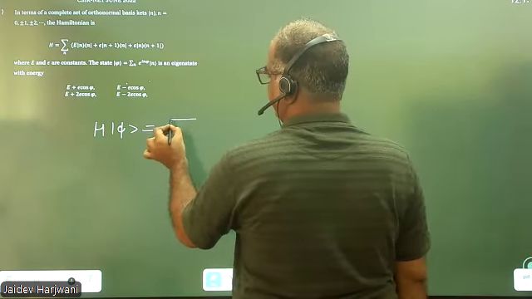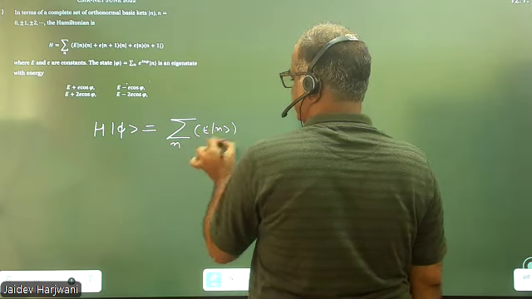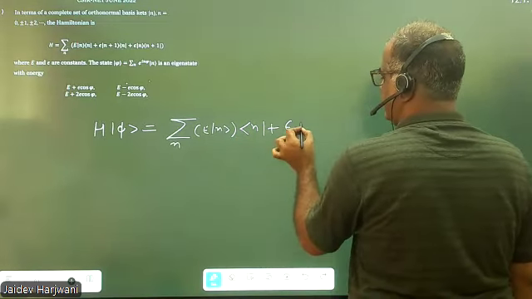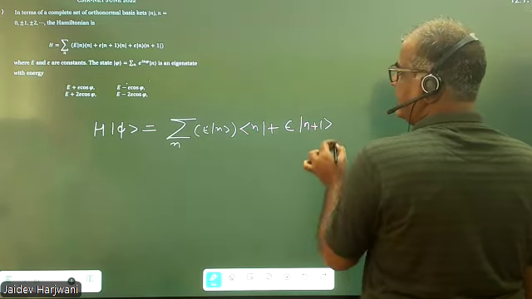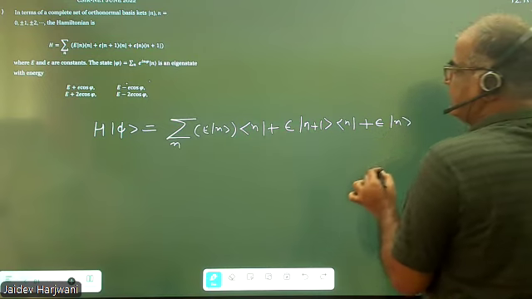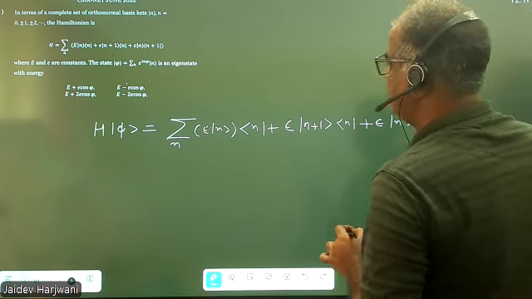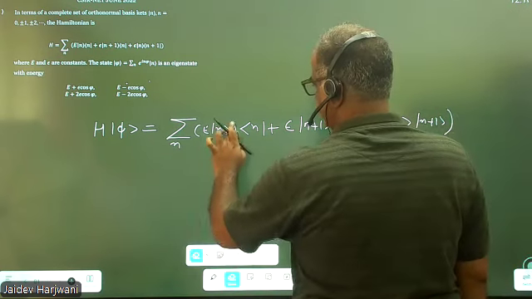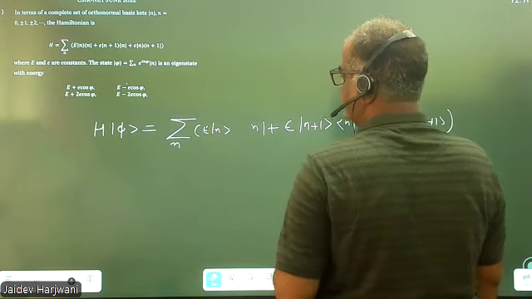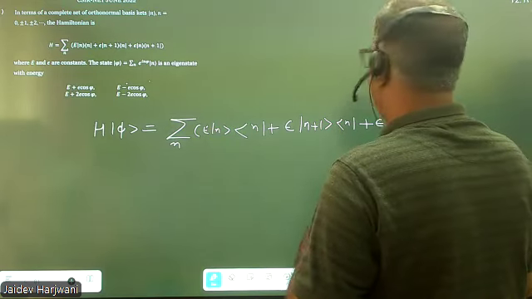The Hamiltonian is E times |n><n|, plus E times |n><n+1|, plus E times |n+1><n|, all in a bracket, summed over n, and this is given. Now I want to find the phi.